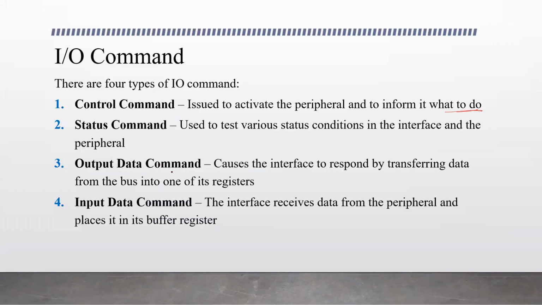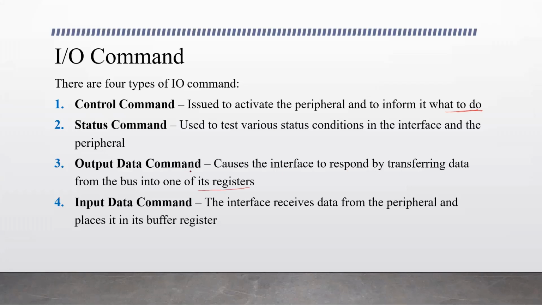And output data command. This causes the interface to respond by transferring data from the bus into one of its registers. So it is to transfer data from the internal component to the output device. When the internal component wants to transmit data, it places the output on the IO bus, and the interface needs to transfer the data into its registers.